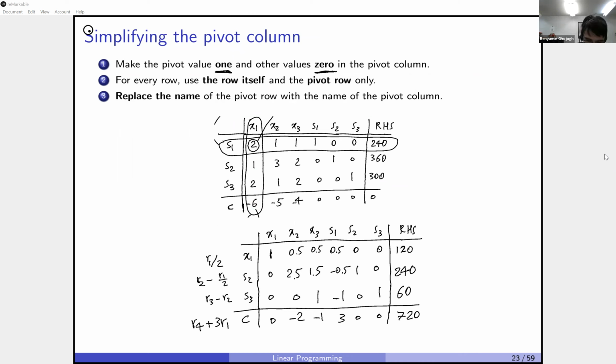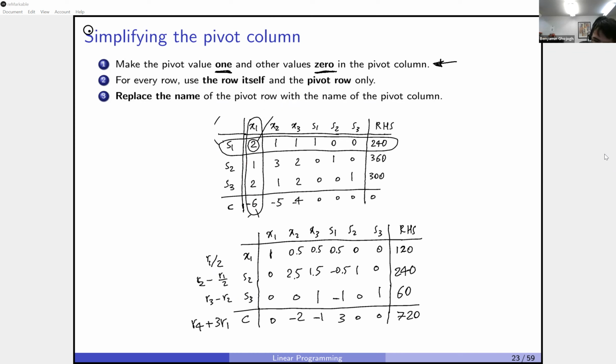We'll see why. So we want, for every row, to use the row itself. In order to make the pivot value 1 and the other values in the pivot column 0, how should we do that?